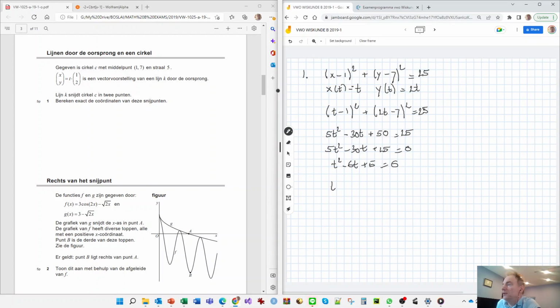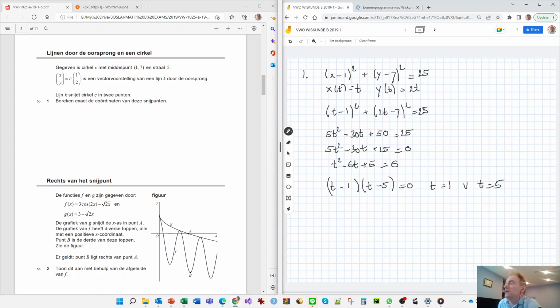And then by trial and error try the different factors of 5, so 1 and 5, minus 1, minus 5, well there you go, minus 1, minus 5, 0, so t is 1 or t is 5, and then you can find the coordinates easily.